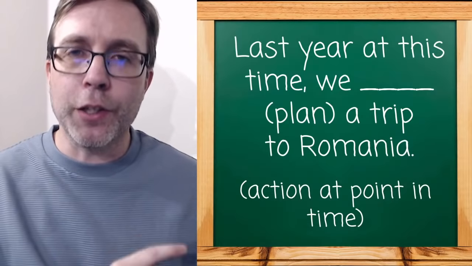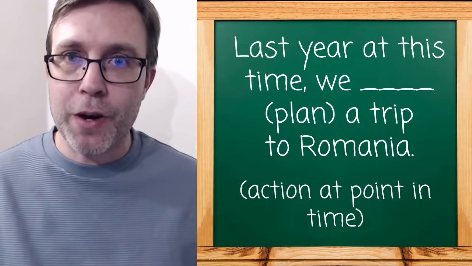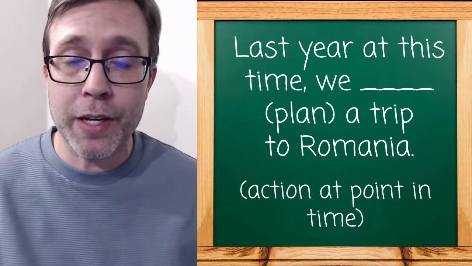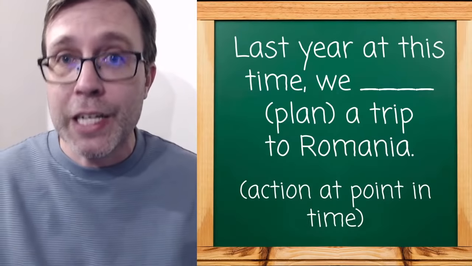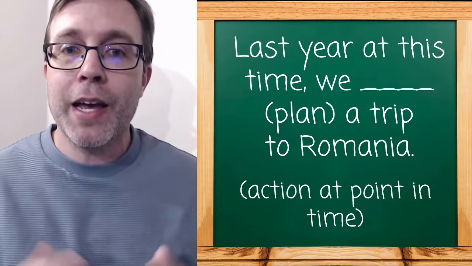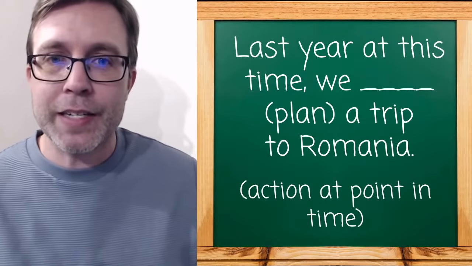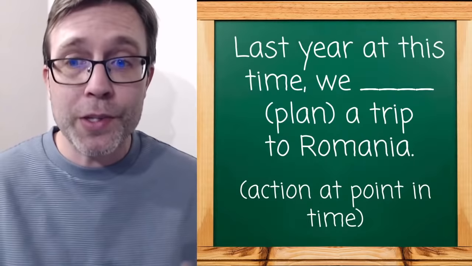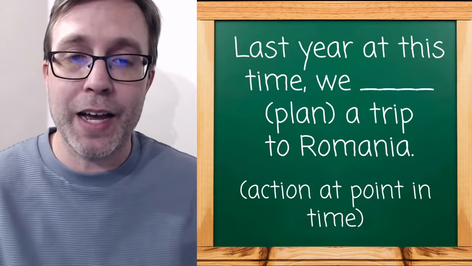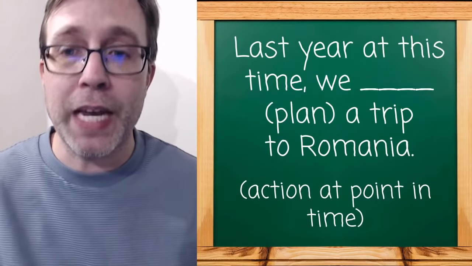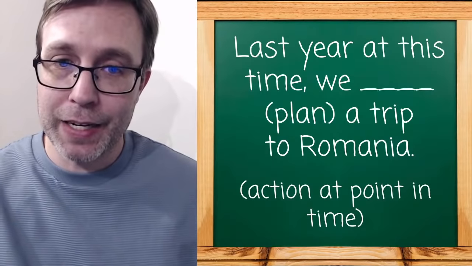So hopefully these clues that I'm giving you will help remind you of the verb tense that you should be using, because when you're learning verb tenses, this is the way people would teach them. This is how I would talk about them, and I would tell people, oh, think about it's an action at a point in time. You're going to use this verb tense. "Last year at this time, we a trip to Romania." The main verb is plan.